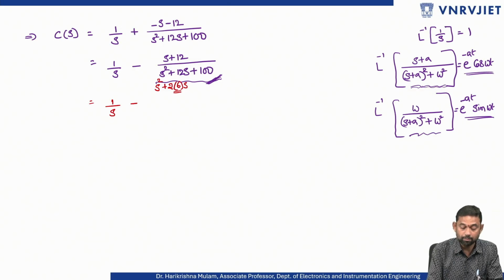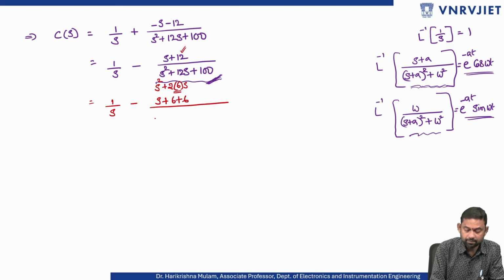If at all the numerator has an s term, it should have something like s plus a. As a is 6 here, even this 12 I would like to write as s plus 6 plus 6. So s plus 12 is written as s plus 6 plus 6, divided by s square plus 2 into 6 into s, plus 36, and out of 100, if 36 we have separated, remaining is 64.